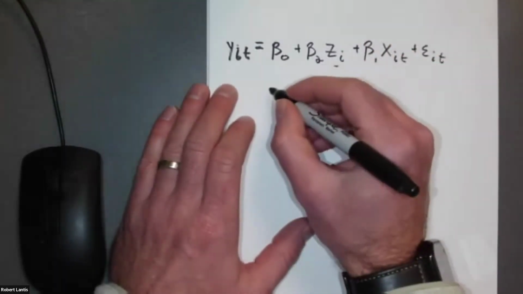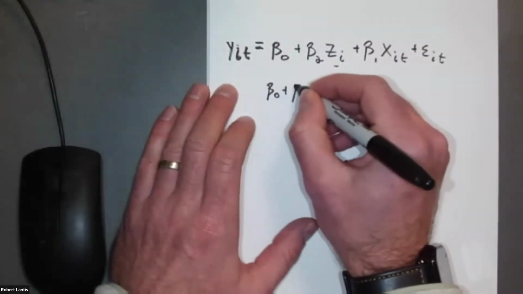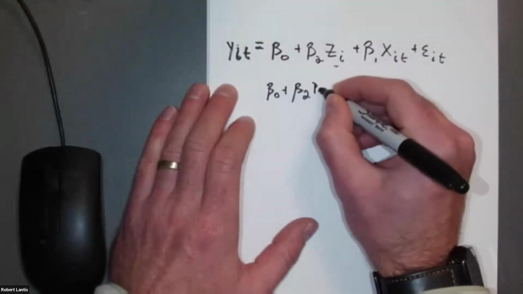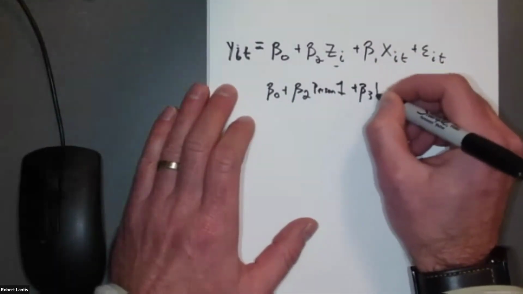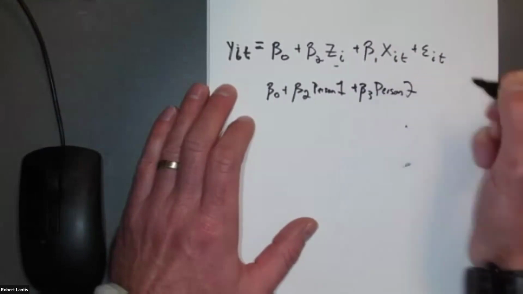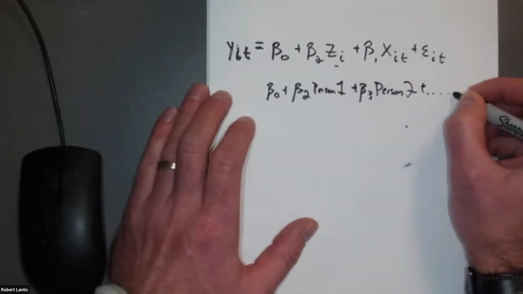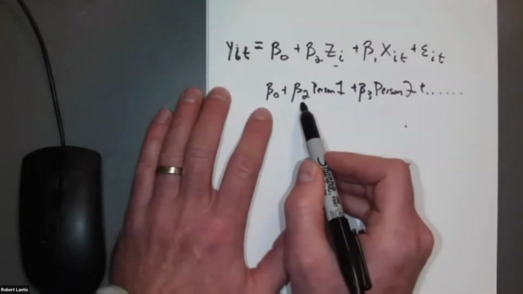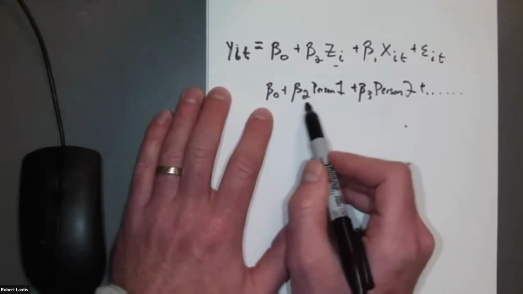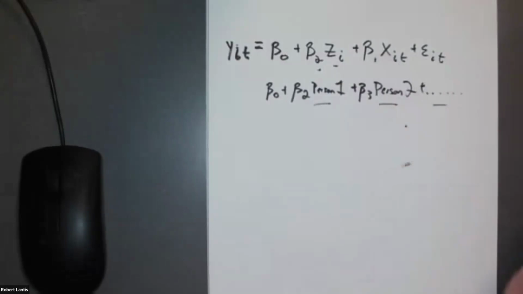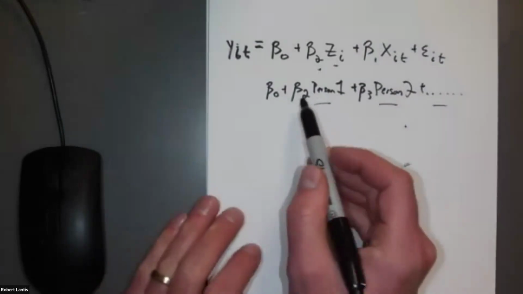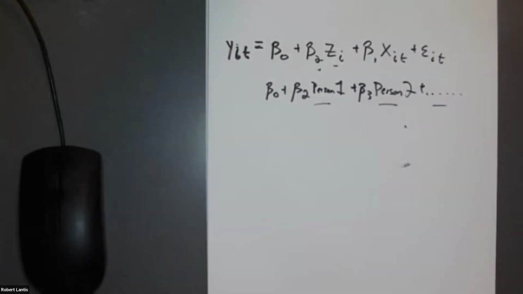So if I, for instance, had person 1, a dummy variable, person 2, a dummy variable if the observation came from them, et cetera, et cetera. Well, it's really like I want to estimate different intercepts for every single person. That's what that time invariant factor is going to do. So I could just include a dummy variable for every single person here.